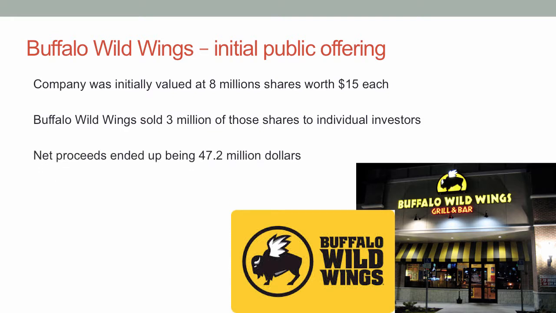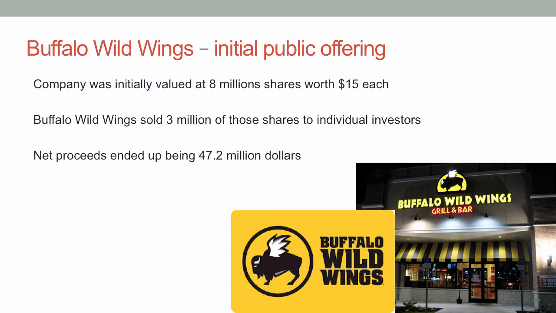And they ended up bringing in, just on the first day when they went public, $47.2 million. That's all money that they now have to invest, to open new stores, to buy land, to invest in equipment, to hire new people.